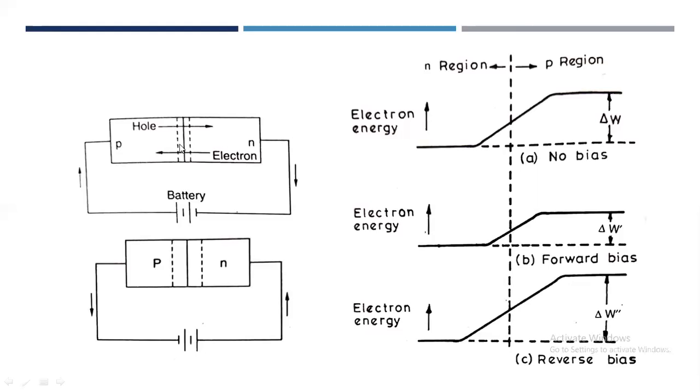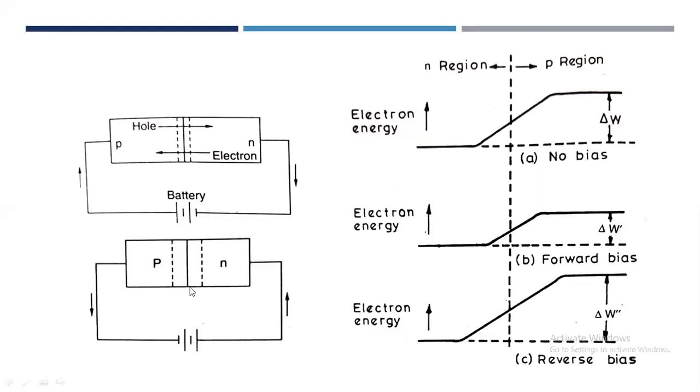The positive terminal of the battery is connected to the P region and the negative terminal to the N region, so the positive charges are attracted toward the negative terminal of the battery. The dotted line shows the barrier, and all the charges are crowded at this junction, so the barrier is very small here, as compared to the other figure.